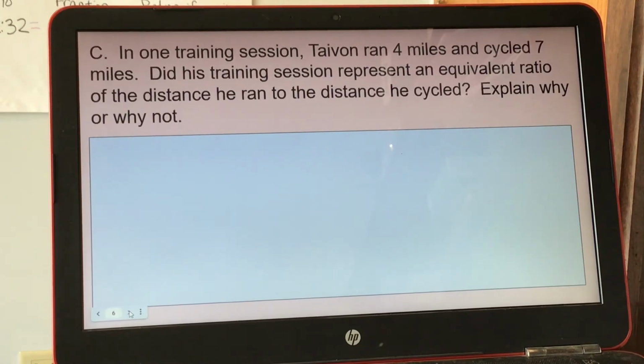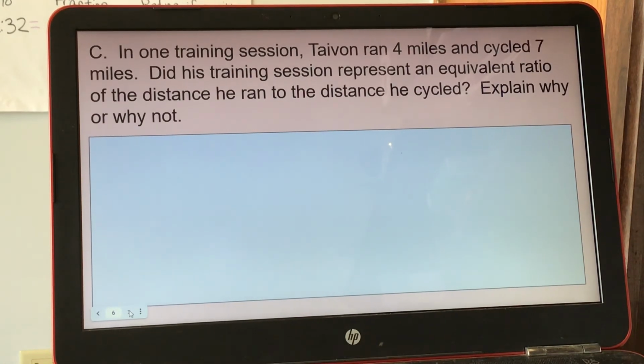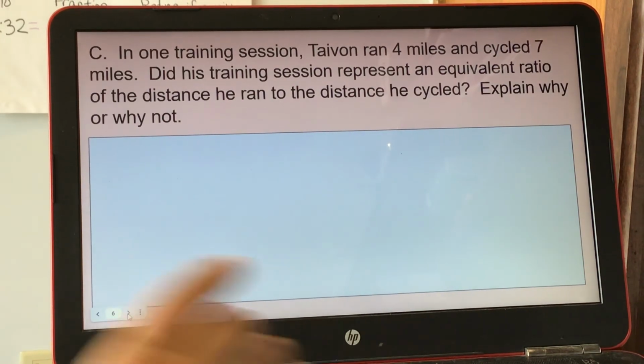Well, I mean, that was if it was equivalent. So it is not equal because this time he ran 4 and he cycled 7. If he ran 2 and cycled 7, then it would be equivalent, but it is not. I think that's it. Okay, thank you.